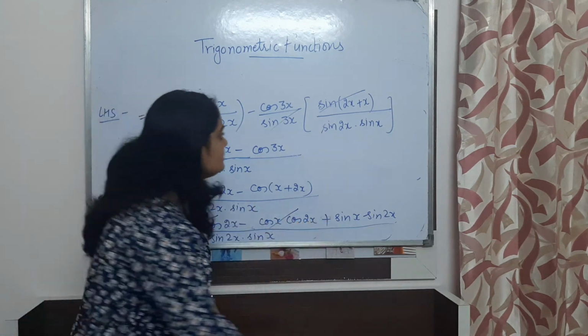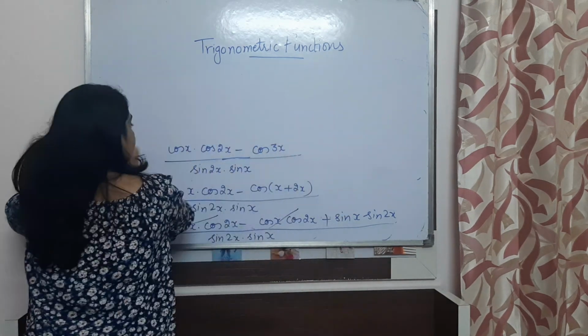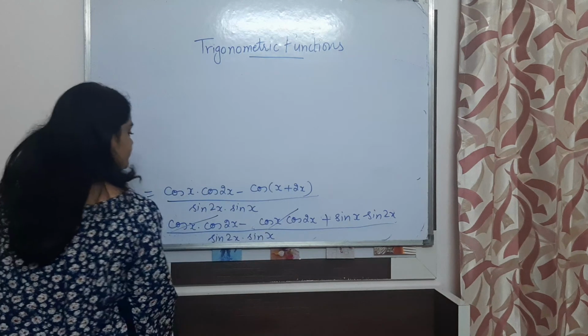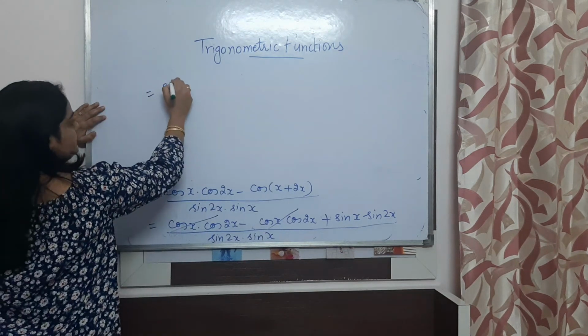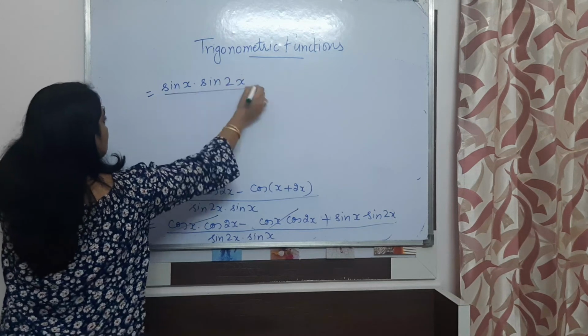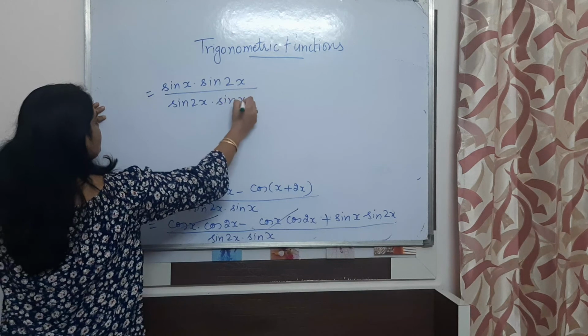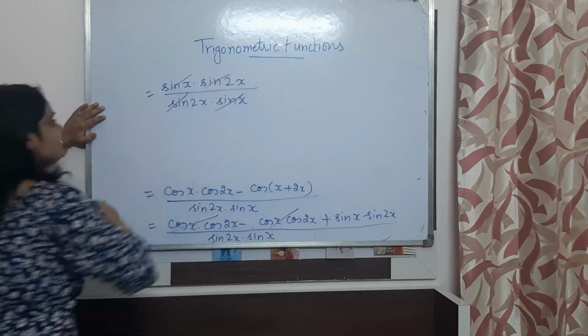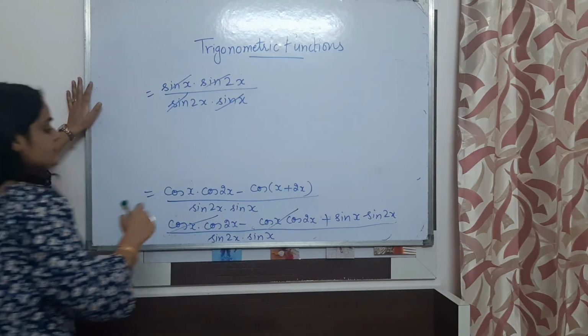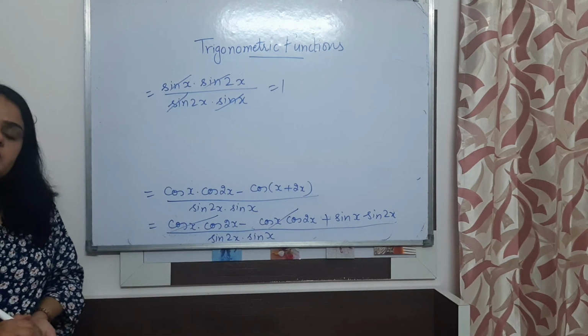Now we are having sin x into sin 2x whole upon sin 2x into sin x. Now we can cancel out sin x with sin x and sin 2x with sin 2x, and it is equal to 1. Hope all the questions are clear.